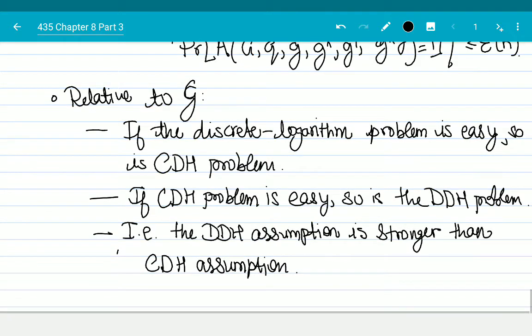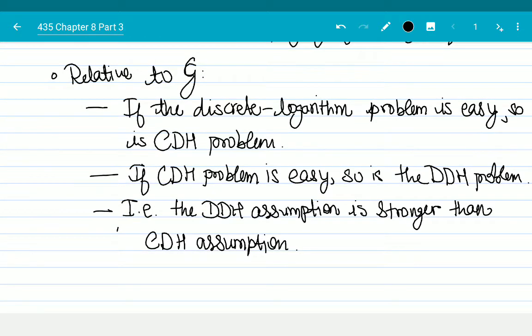Okay. That is, if a group is DDH strong, then it is automatically CDH strong, and in that case, discrete logarithm strong.